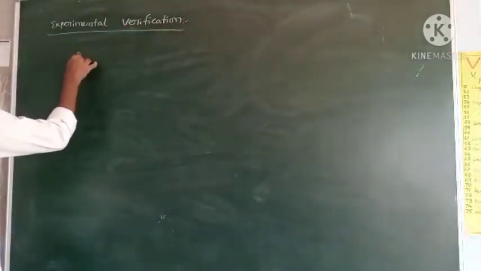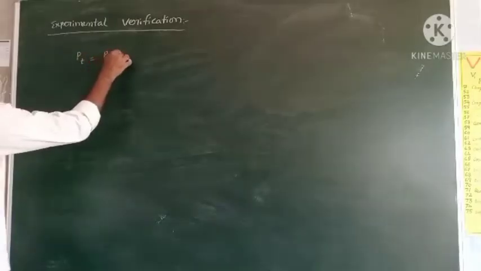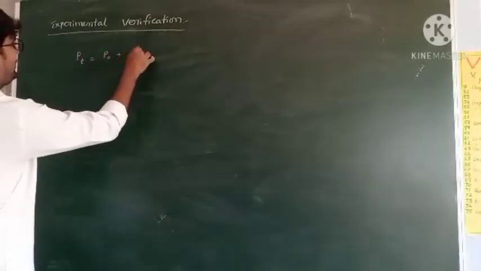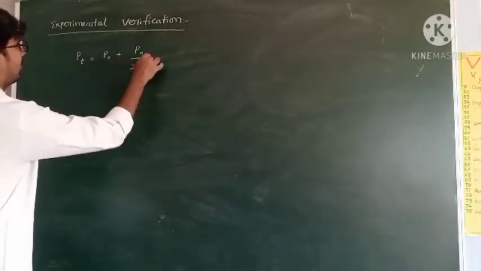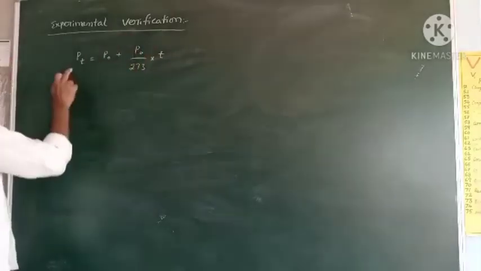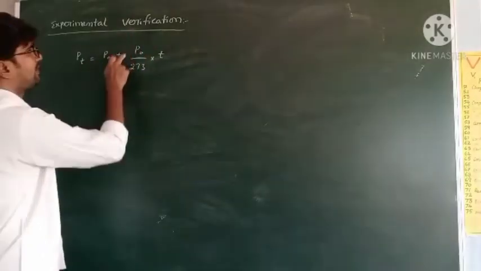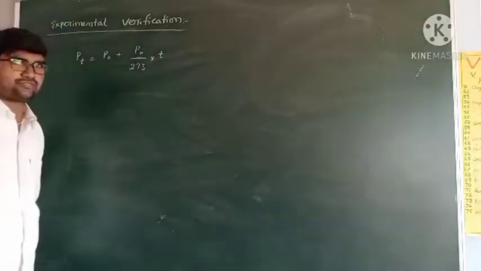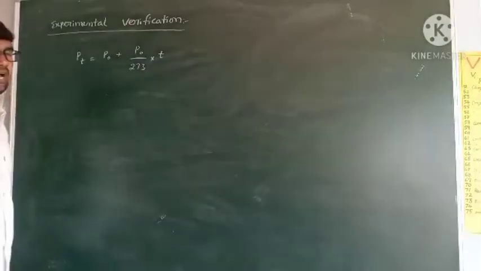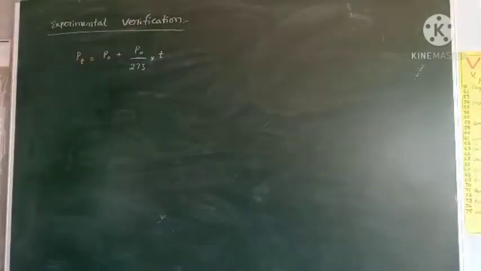That is Pt is equal to P naught plus P naught by 273 into T. Same formula. Vt is equal to V naught plus V naught by 273 into T for Charles 1. For Charles 2 or Gay-Lussac's law, Pt is equal to P naught plus P naught by 273 into T. Okay.